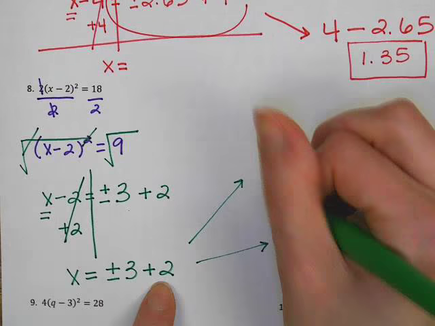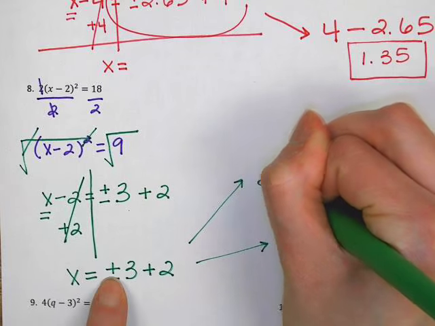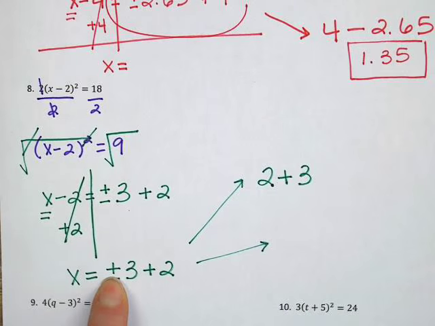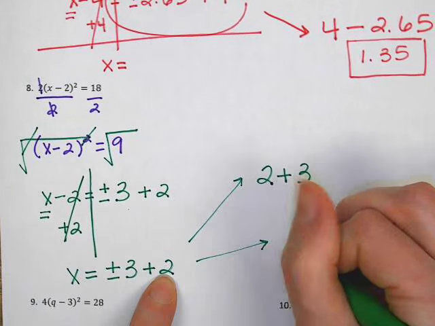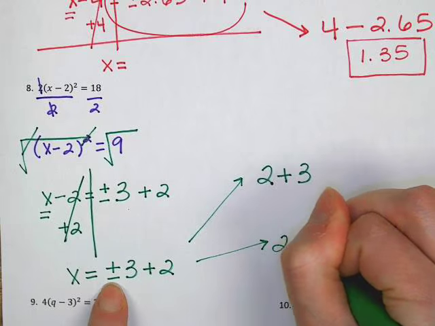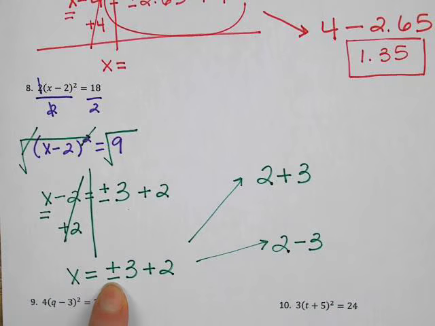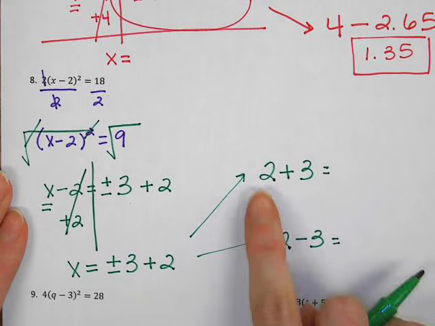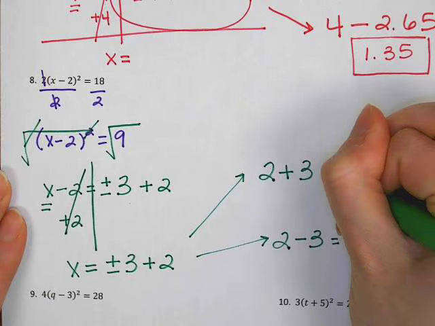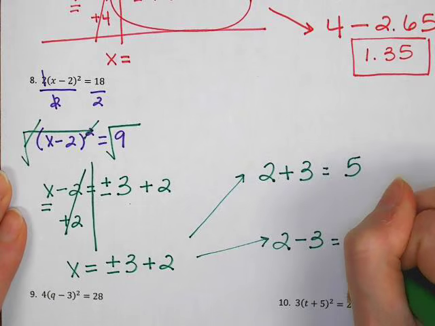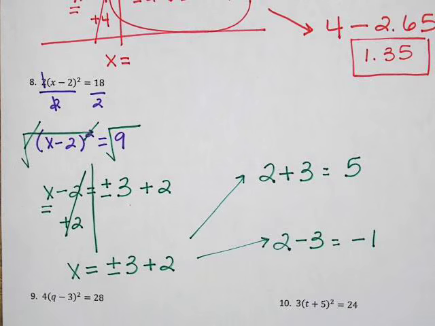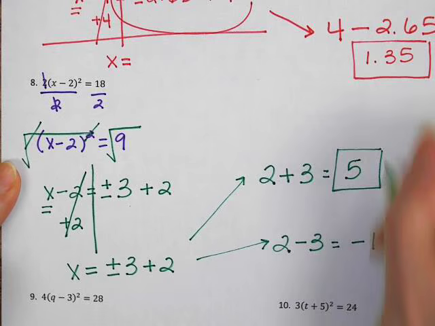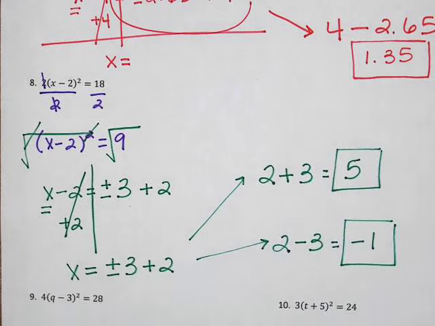We're going to have to do the 2 plus the 3, and then we're going to have to do the 2 minus the 3. Because remember that plus or minus, we have 2 different problems. Okay, 2 plus 3 is 5. 2 minus 3 is -1. And those are our 2 solutions, 5 and -1.